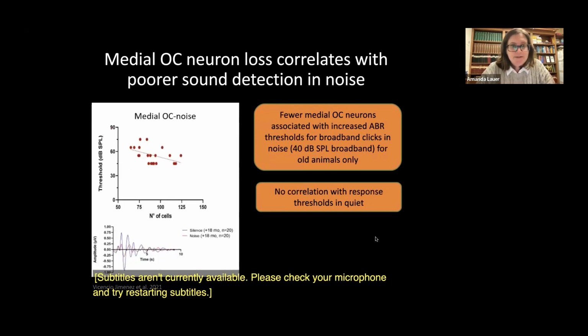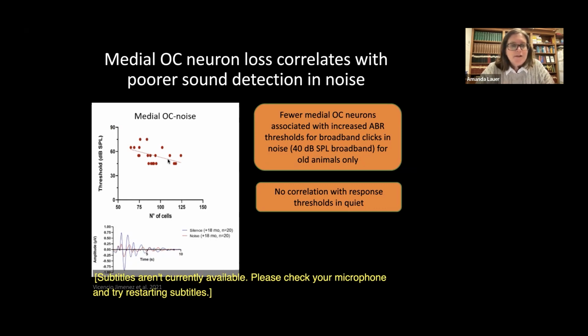What's really interesting, though, is that this loss of medial olivocochlear neurons actually correlates with poorer sound detection in noise as measured using an ABR, but only in our older animals. So there was no correlation with response thresholds in quiet and no correlation in the younger animals, only the older animals.